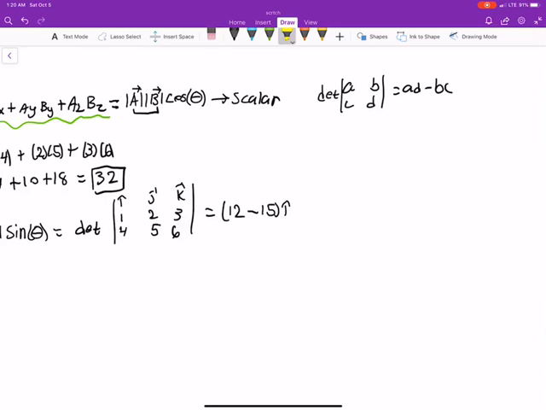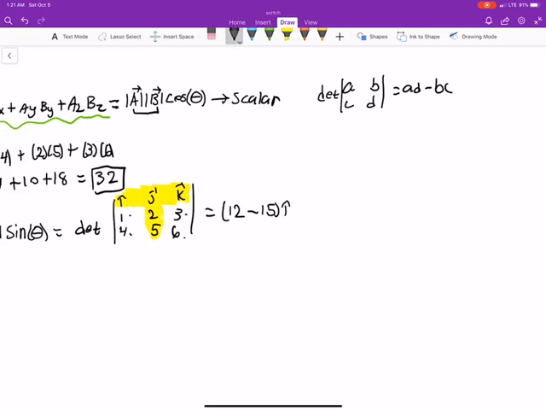Did pretty good there. Now we want the j component. So we first cross out this j area, and we still go across. Now we have another 2 by 2 determinant with 1, 3, 4, and 6.